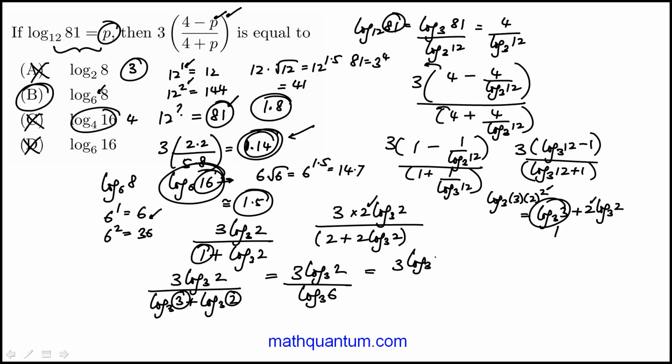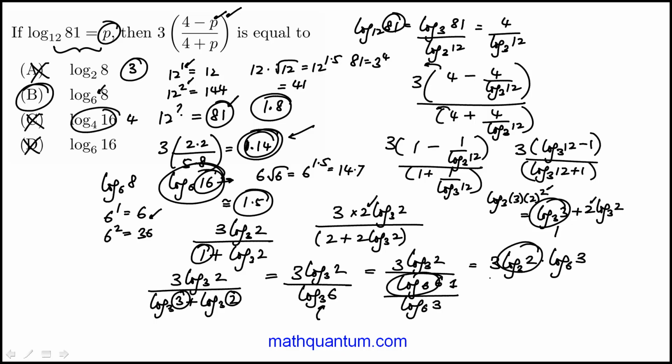Now I'm going to convert this to log base 6, actually, or should I do log, yeah, let me try that, log 6 of 6 over log 6 of 3. So that's just 1. So this becomes log 3 of 2 over log 6 of 3.